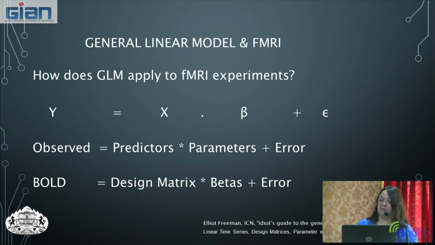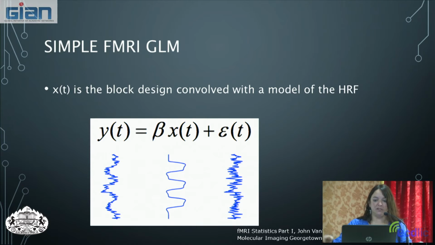And we're going to try to fit this using parameters, which we're going to call the beta weights. And then there's going to be an error based on how well or how poorly it fits our data. So again, our observed data is the BOLD signal, this X is our design matrix, and we're trying to estimate these beta weights, and we're going to have an error. We're going to talk about this a little bit more.